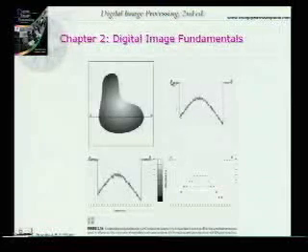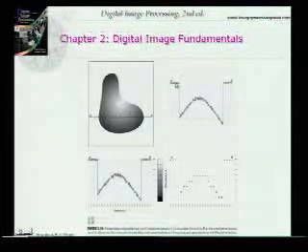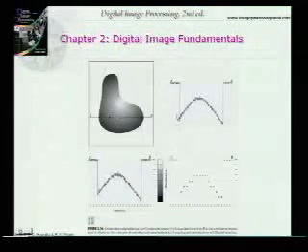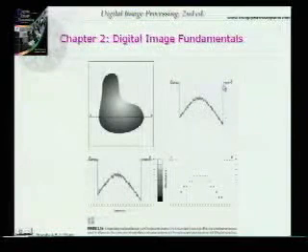I start off in a very bright, white area, so this is high, and there's this noise showing that even though to your eye it looks completely white, in reality it goes up and down. If you have a measurement device, it has some noise. Then you hit the object, so it goes down, and as you traverse from this point to this point, the intensity gradually increases and then decreases to this point. So it goes up and then down. By the time you're done, this point is supposedly darker than this point, which is why this point is lower than that point, and then it comes right back up.